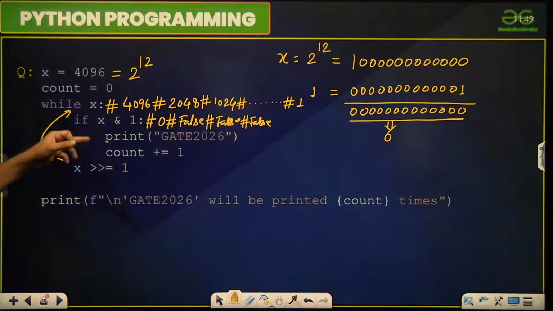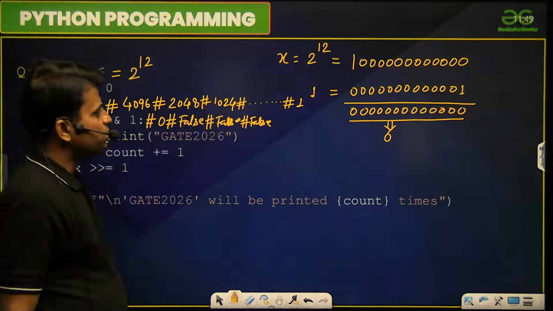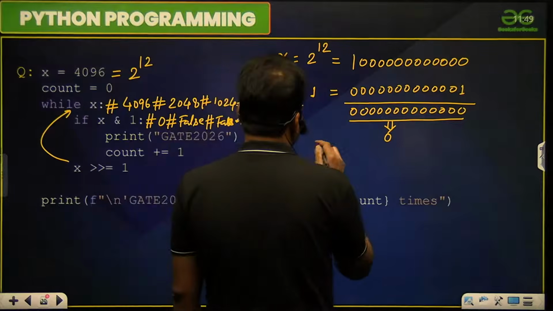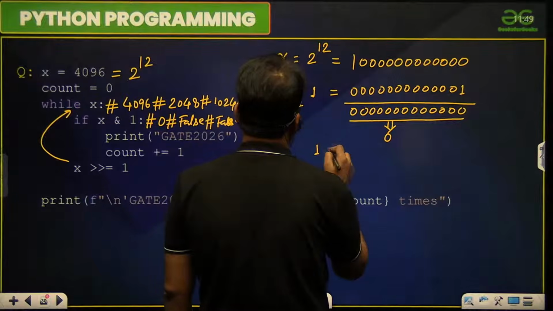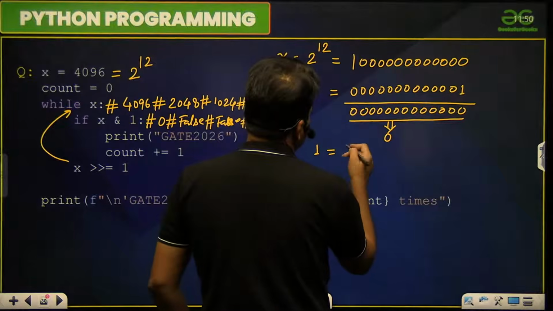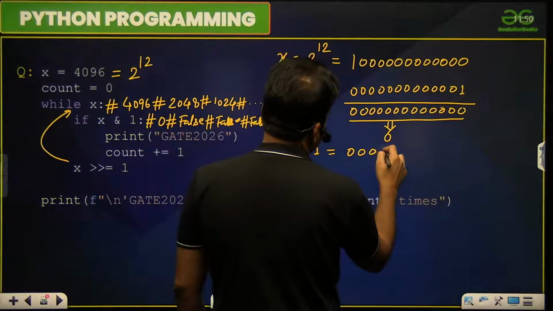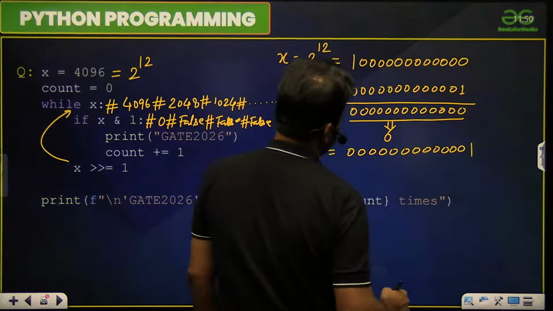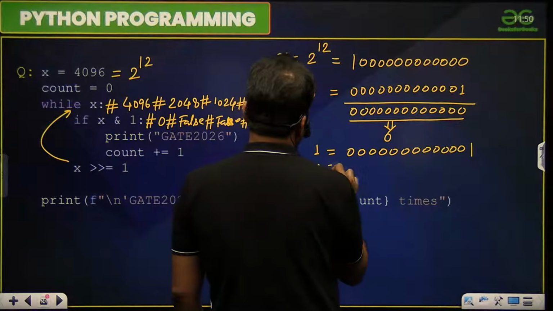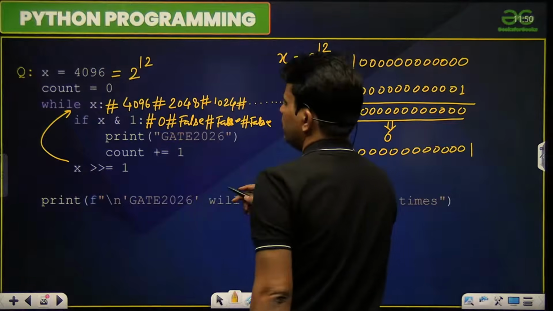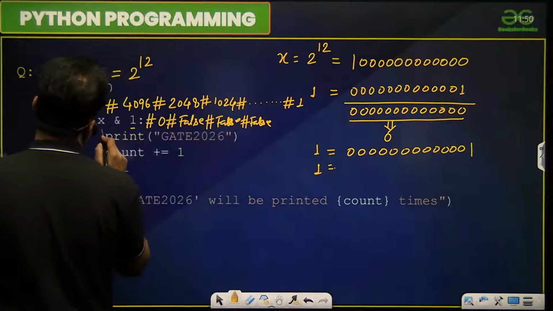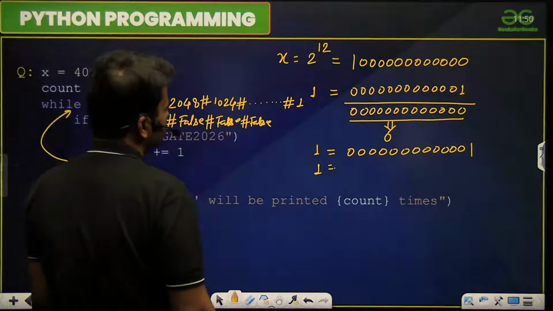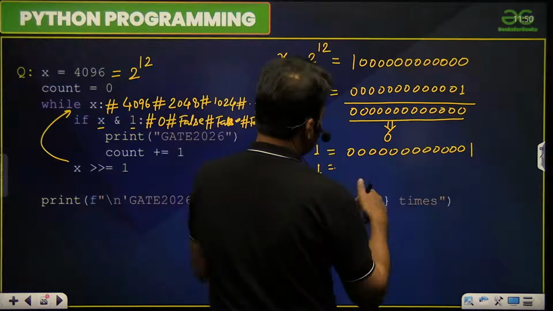So 1 means non-zero, which means true. If this value is 1, then how can we write 1? Like this one. If this number is 1 and this number is also 1, both are 1, so there is no need to write the prefix 12 zeros.